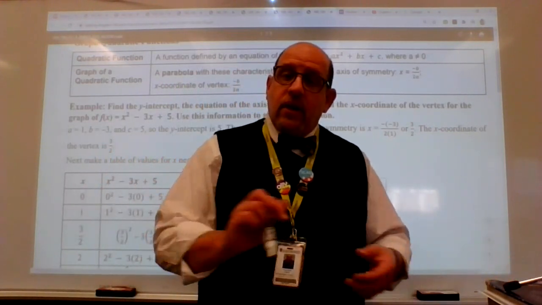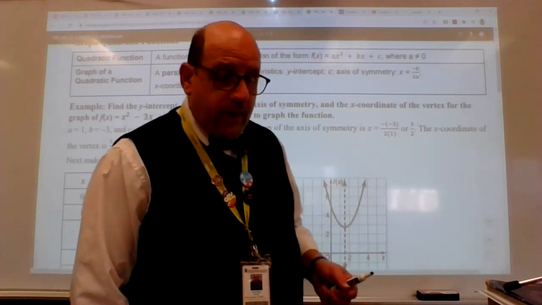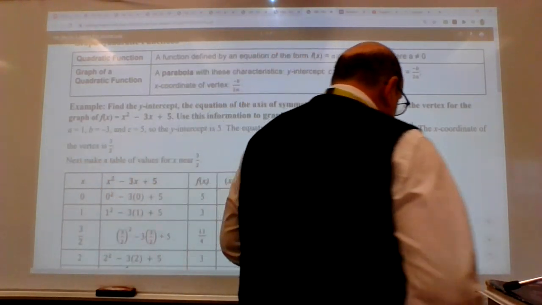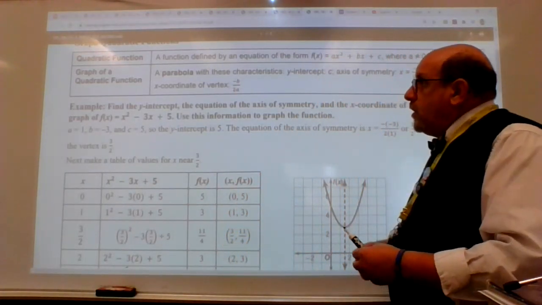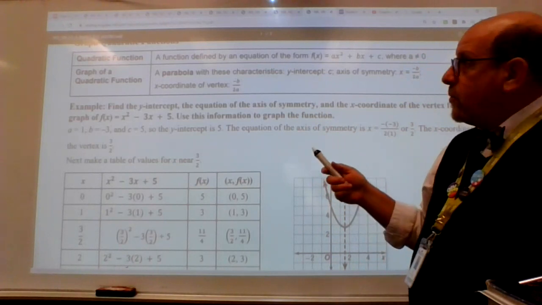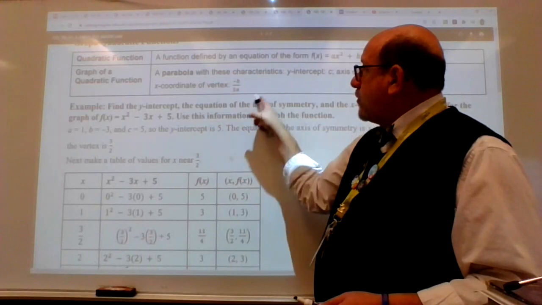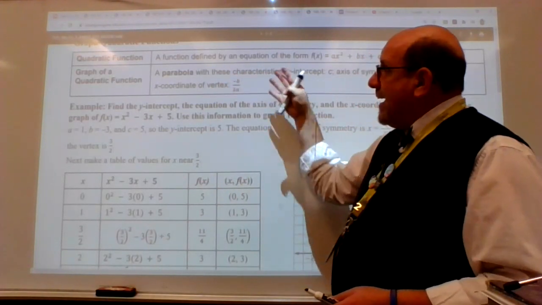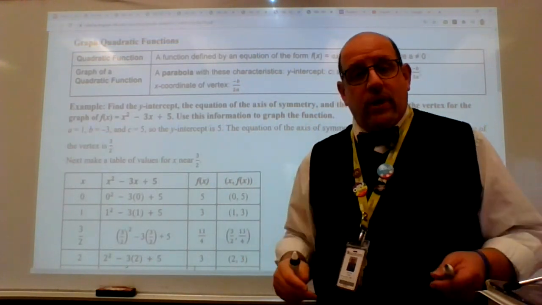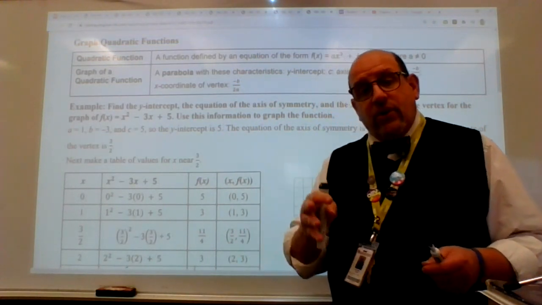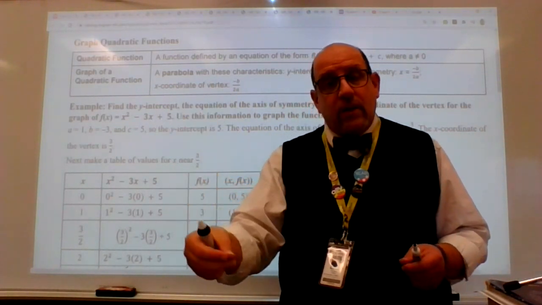So let me just begin by turning around, moving this a little bit so that you can see a little bit more of what I'm talking about. To graph this quadratic function, we're going to find the vertex, right? We're going to find the x-coordinate of the vertex, which is finding its axis of symmetry. And once we find that x-coordinate, we're going to plug it into our quadratic equation.